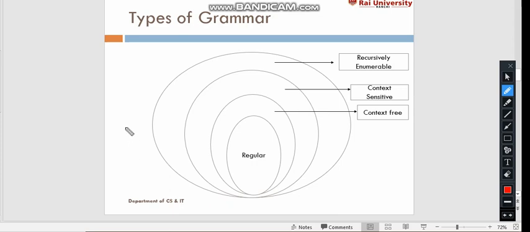And lastly we have a recursively enumerable grammar, which is unrestricted grammar because it contains regular grammar, context-free grammar, context-sensitive grammar, and it has its own representation also. Now let's discuss each grammar in detail, how we can represent a production in the case of each grammar.